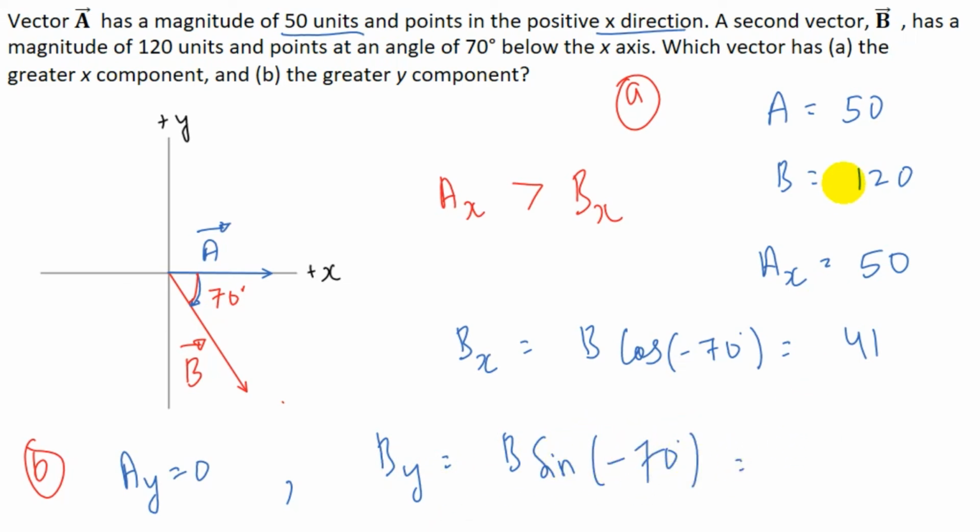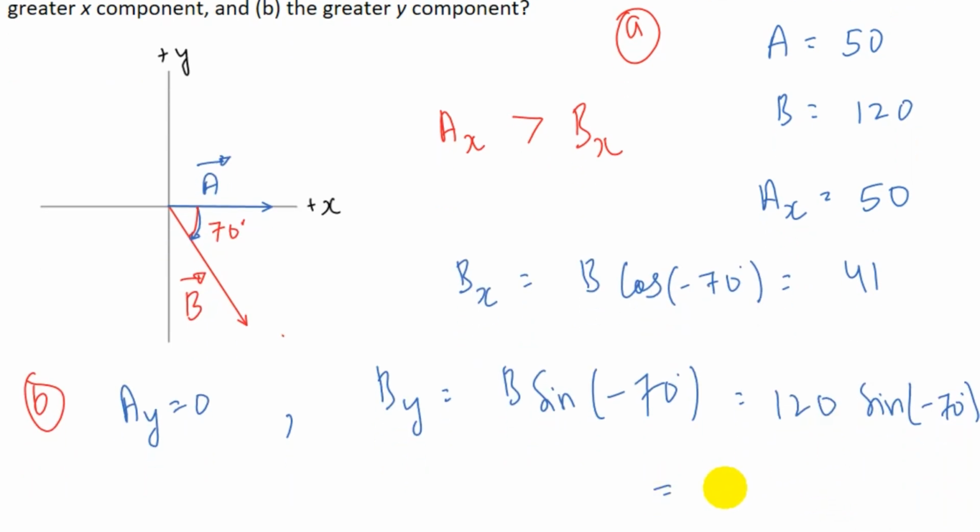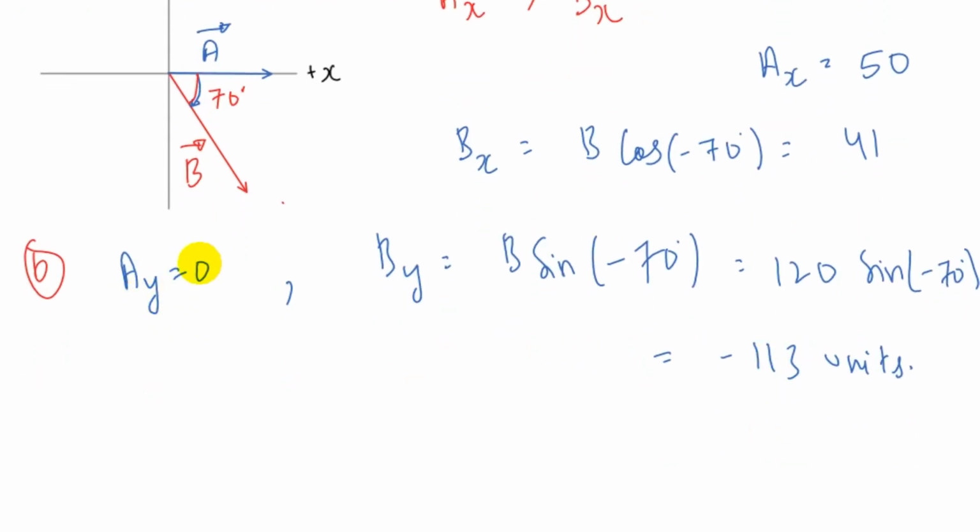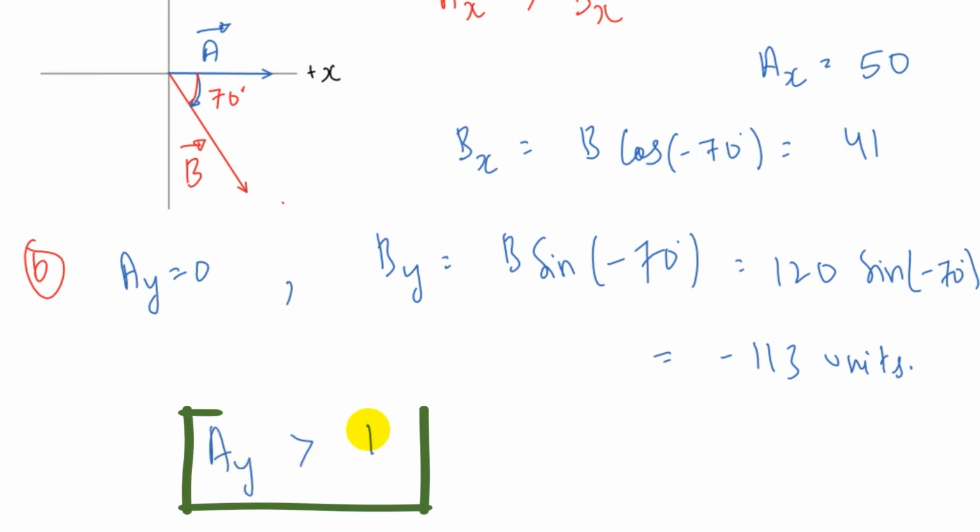B is 120, sine minus 70 degree. We can solve this and we'll get this value to be minus 113 units. Now here you see that the magnitude of By is greater than the Ay, but there is a negative sign here. So this 0 is greater than minus 113. So we conclude that Ay will be greater than By. So this would be the answer for the B part.